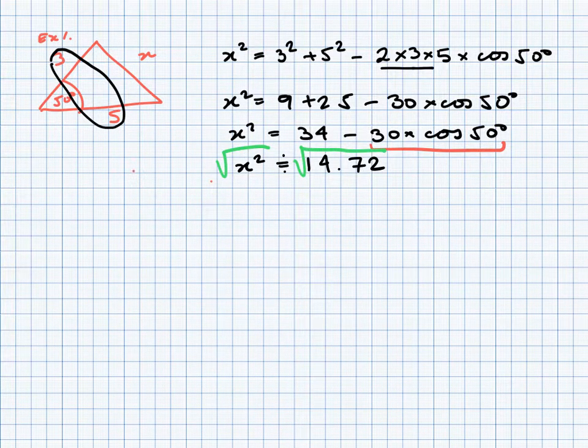Now I'm not going to put plus minus there. What I'm going to use, I'm going to say x is bigger than 0, since it's length, so it's distance, so that's gone.